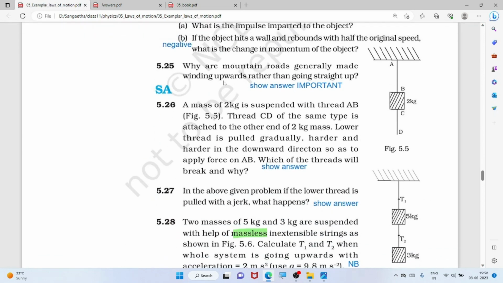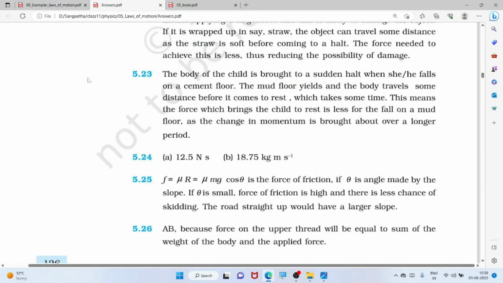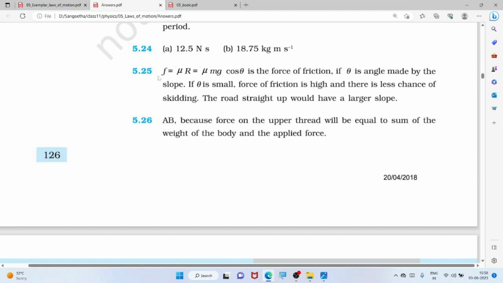Why are mountain roads generally made winding upwards rather than going straight? Okay, friction is equal to the frictional constant times R cos theta, which is the force of friction.